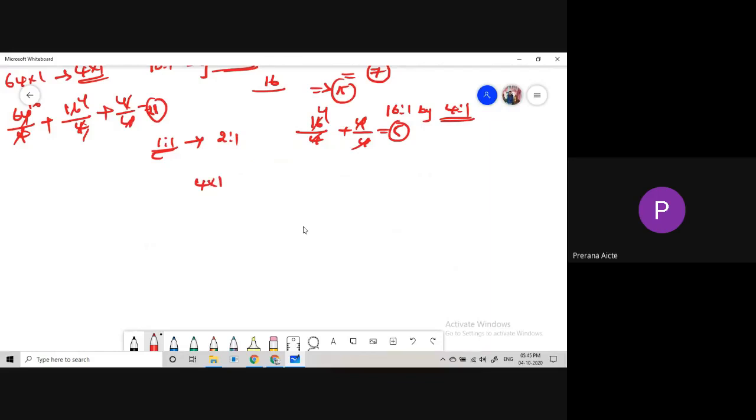So decoder consists of n inputs and 2 power n outputs, right? Yes sir.